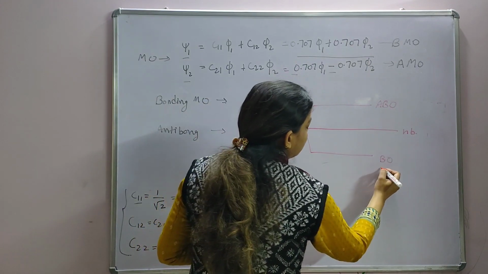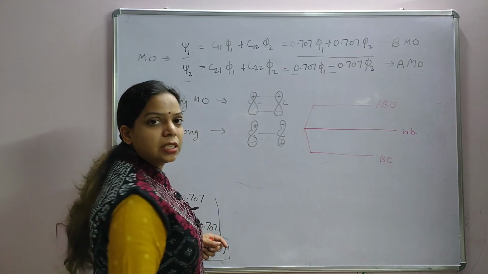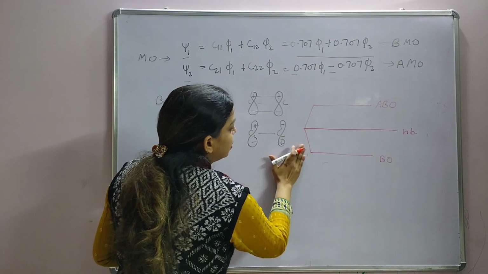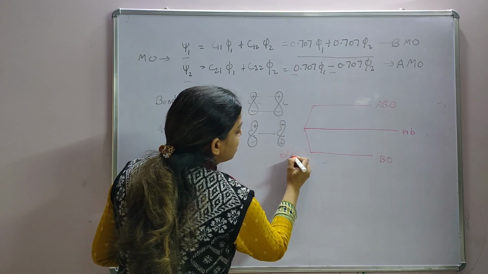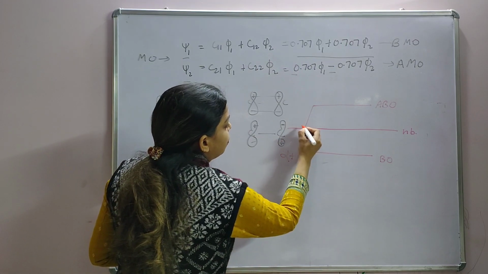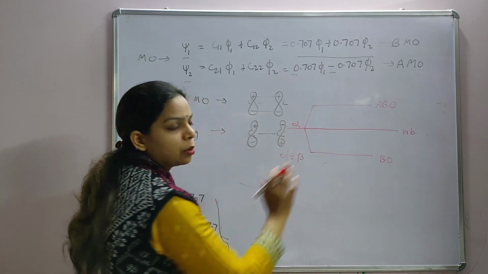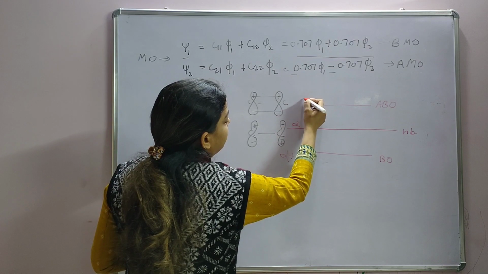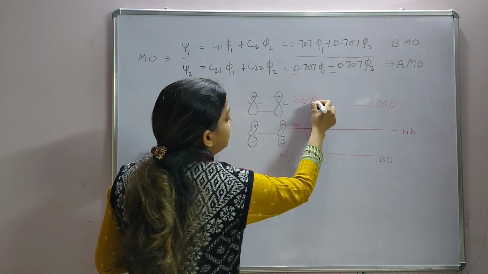What was the energy for this system? This was E1 and this energy was alpha plus beta. This energy is alpha because alpha was 0. So this is the ground state energy, and alpha minus beta.